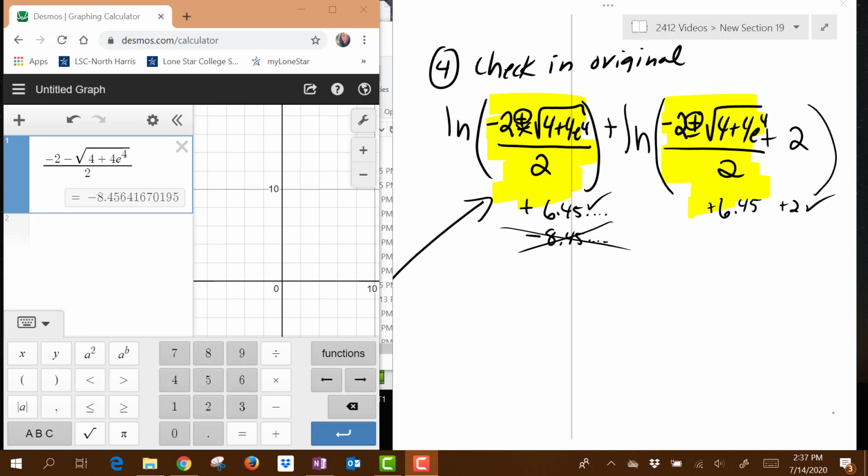So if the negative one doesn't work there, then it's also not going to work here as well. Remember, we rule out any solution that causes any of the logs to have a negative input. Right? So that one doesn't work. So our final answer here is going to be that positive solution.